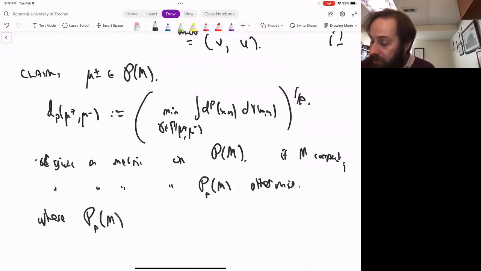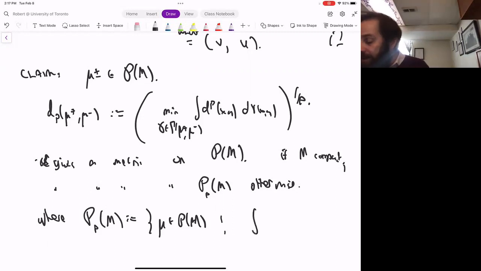It's the set of measures which have the additional property that they have so-called pth moments. So the integral of d to the p of x naught d mu should be finite for some x naught.